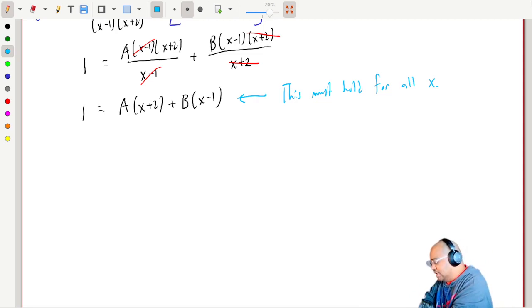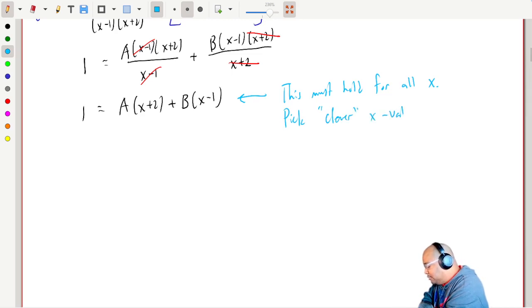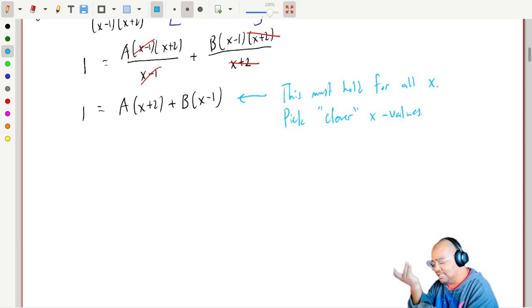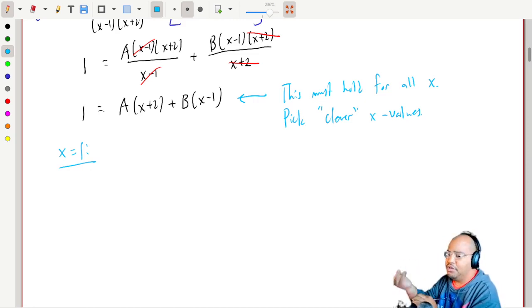We want to pick some clever x values, meaning we pick something so that one of the terms will vanish. If we look here carefully, if I set x equals 1, then the b term will vanish, because 1 minus 1 is 0, and 0 times b is 0.